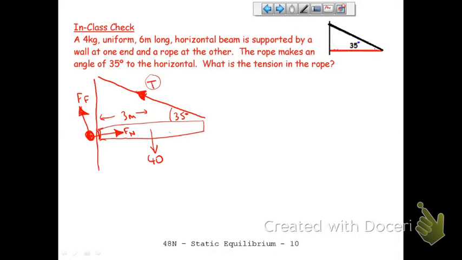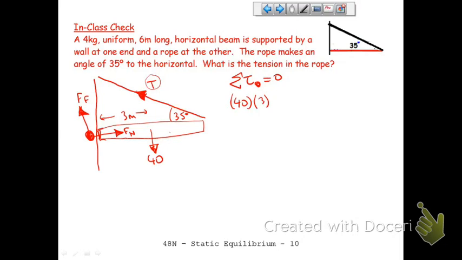So I say, oh, well, this is the sum of the torques about my turning axis equals 0. That's going to be 40 times, I want the perpendicular distance, and that 40 is vertically downwards, and that thing is horizontal, so that's 40 times 3, and that's causing, what is that, a clockwise torque or a counterclockwise torque?